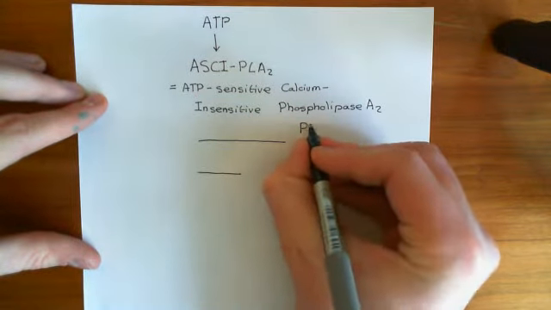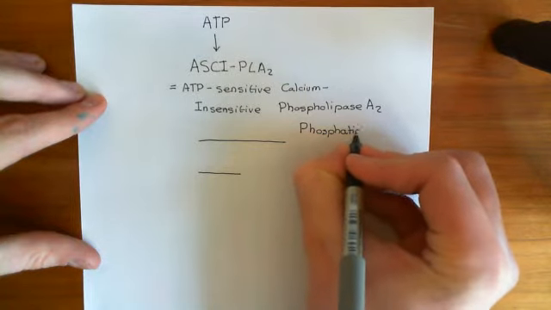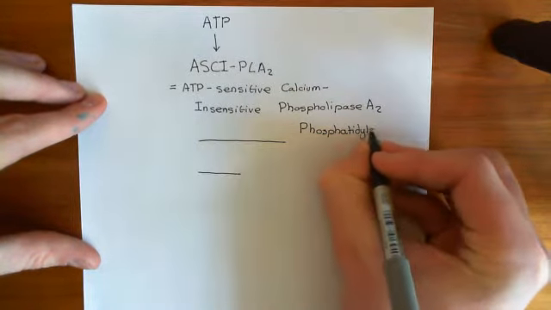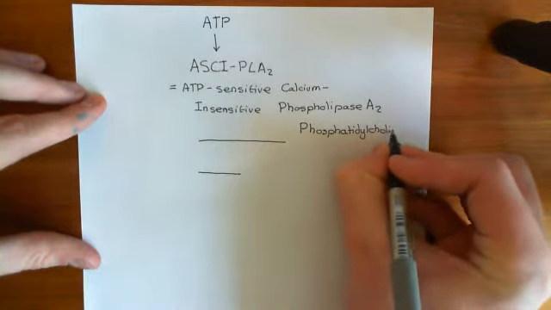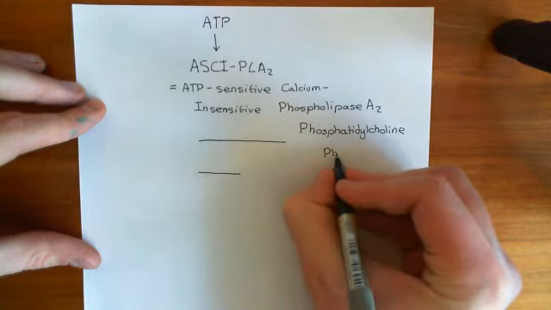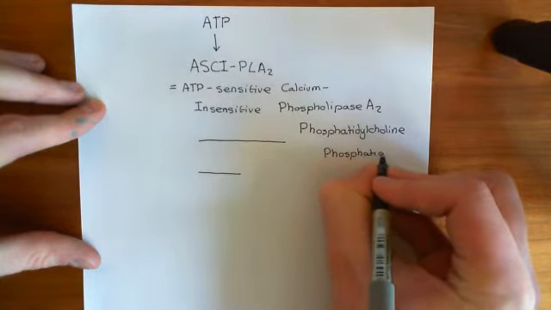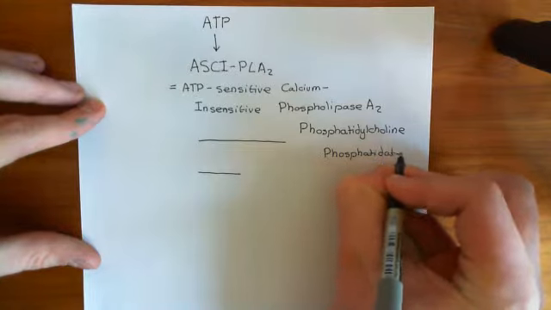Now, its substrate is something known as phosphatidylcholine. Okay, and in order to understand what phosphatidylcholine is, we need to understand what the structure of a phosphatidate molecule is. So basically, phosphatidate is another word for a phospholipid.